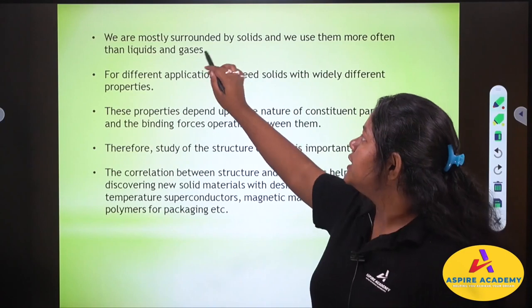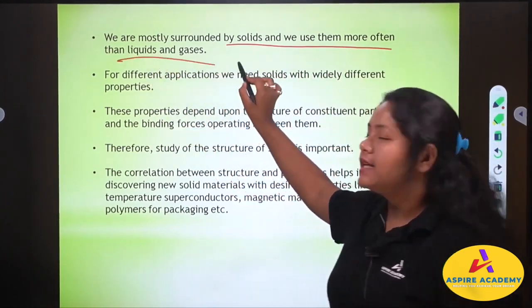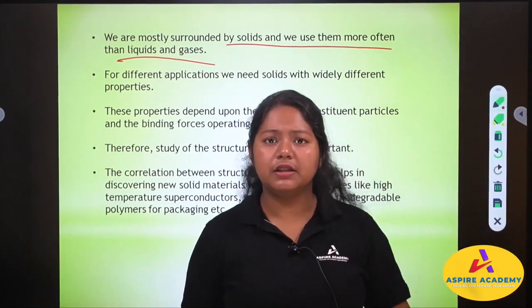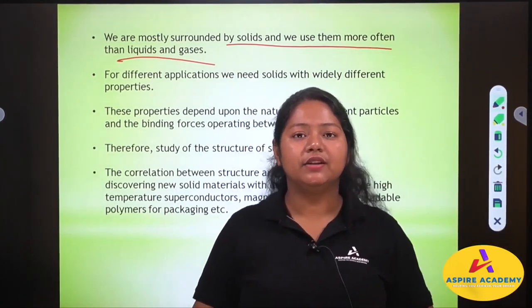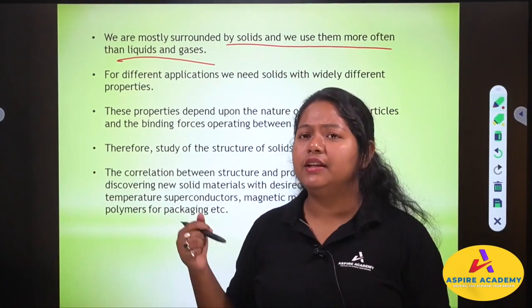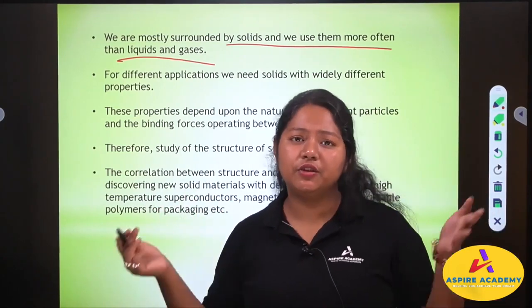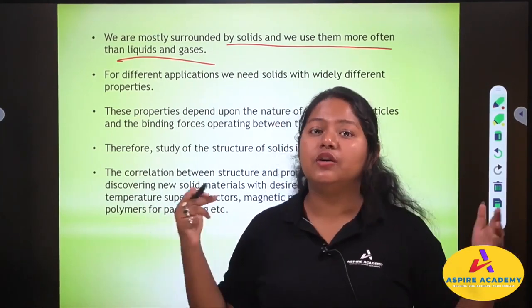We are mostly surrounded by solids and we use them more often than liquids and gases. Obviously, we are more surrounded by solids, right? Like, you are sitting on a solid chair, I'm using a solid pen, you are writing with a solid pen, and everything around you is more of solid. The walls, your room, your ceiling fan, your tube light, everything is more of solid.